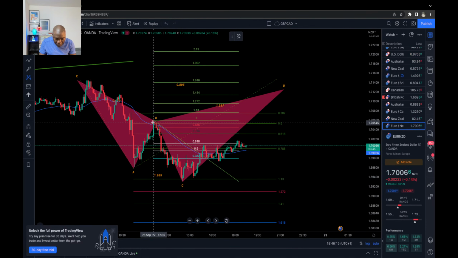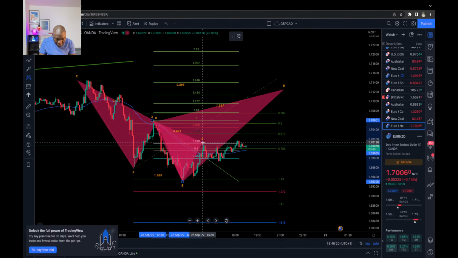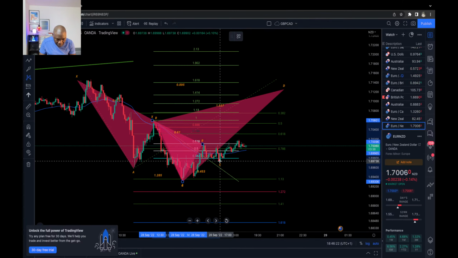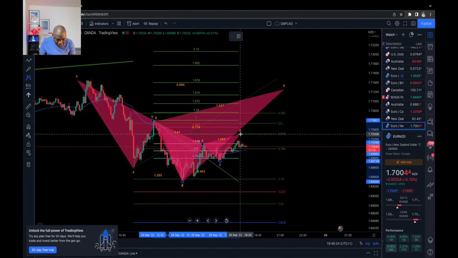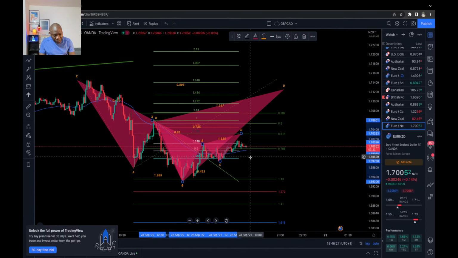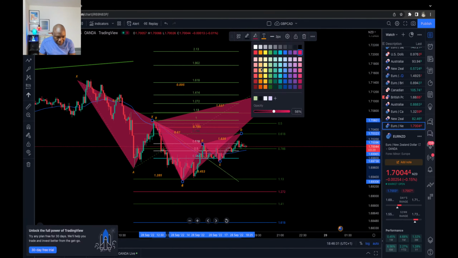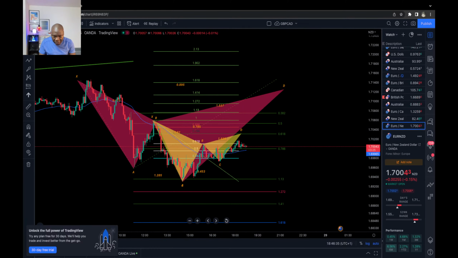So if I draw this here, boom, boom, boom. So on a 5 minutes time frame, it looks as if there's a Gartley pattern there. So let's turn this to yellow. So that's what I can see. That's the Euro New Zealand. We'll see what happens.